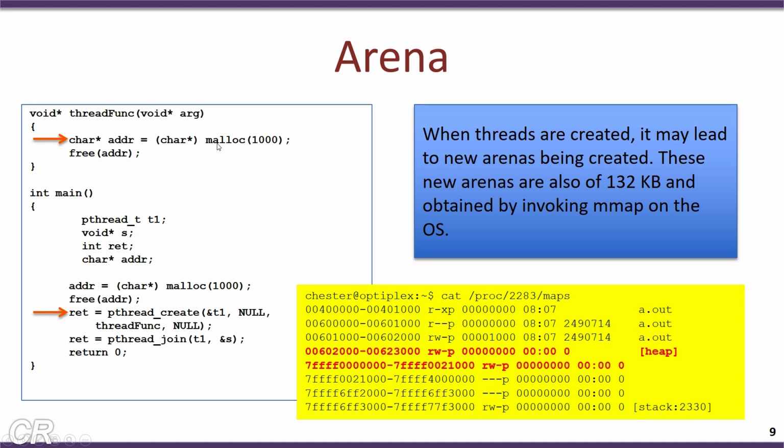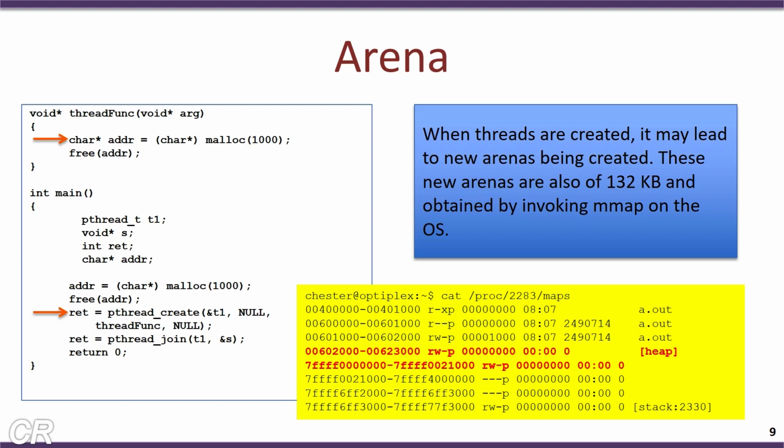When the malloc from this thread gets invoked for the first time, the ptmalloc code would determine that this is a new thread, and this is the first invocation to malloc from that thread, and therefore it will request the operating system to issue another 132 kilobytes of memory.